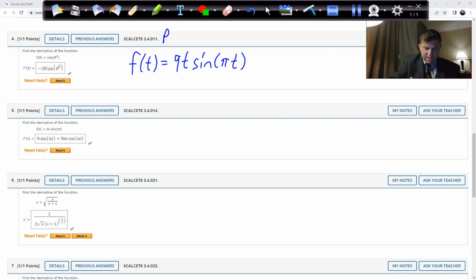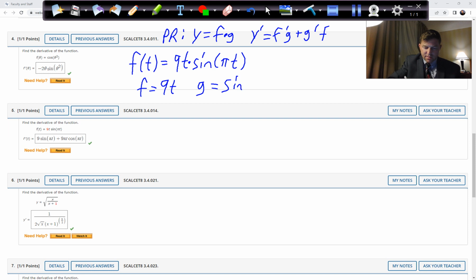Product rule says if y equals f times g, y prime equals f prime g plus g prime f, where f in this problem is 9t, so the multiplication is right there, and g in this problem is sine pi t.